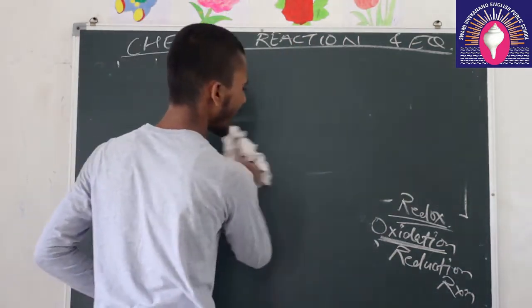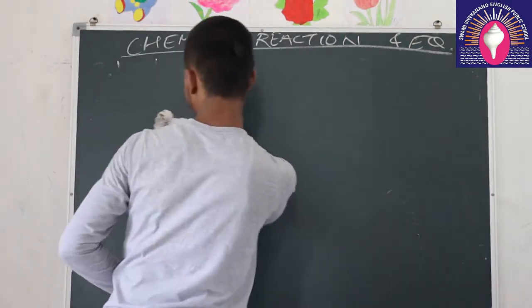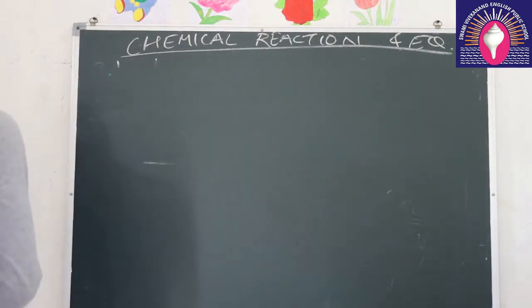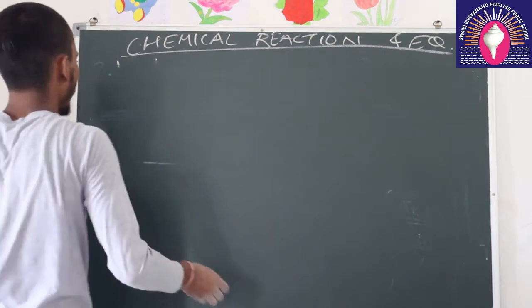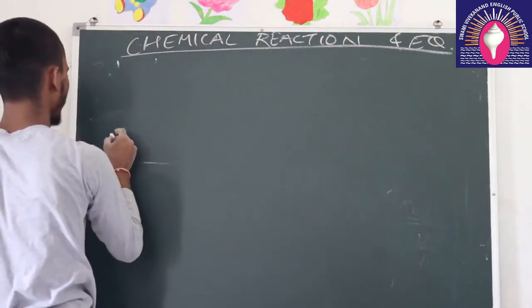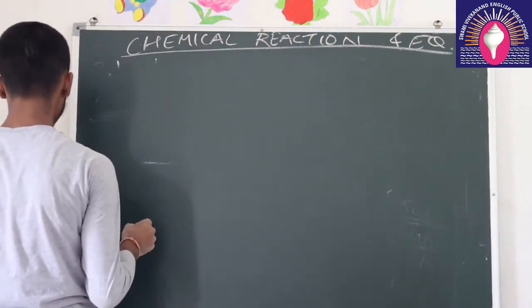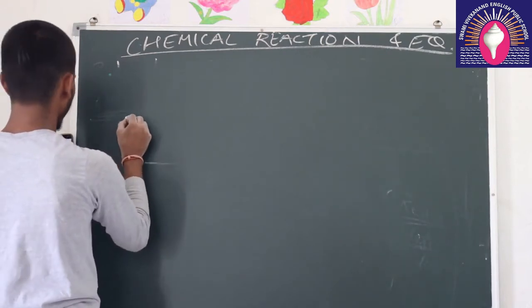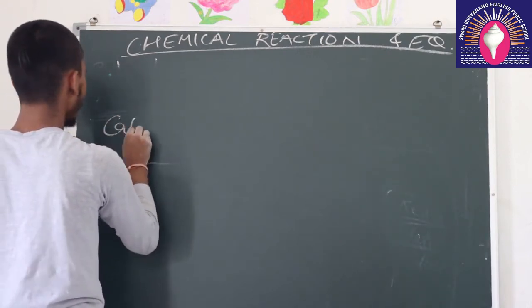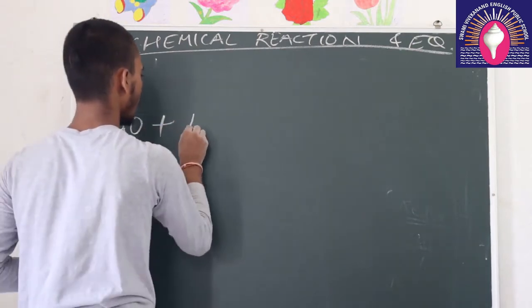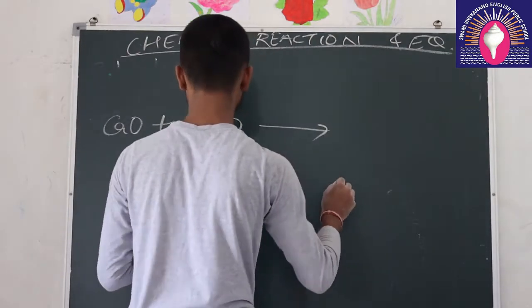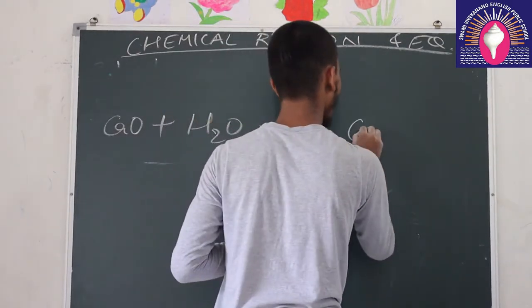But while writing any chemical reaction, we are confused about one thing. For example, we take a reaction: calcium oxide plus water gives calcium hydroxide.